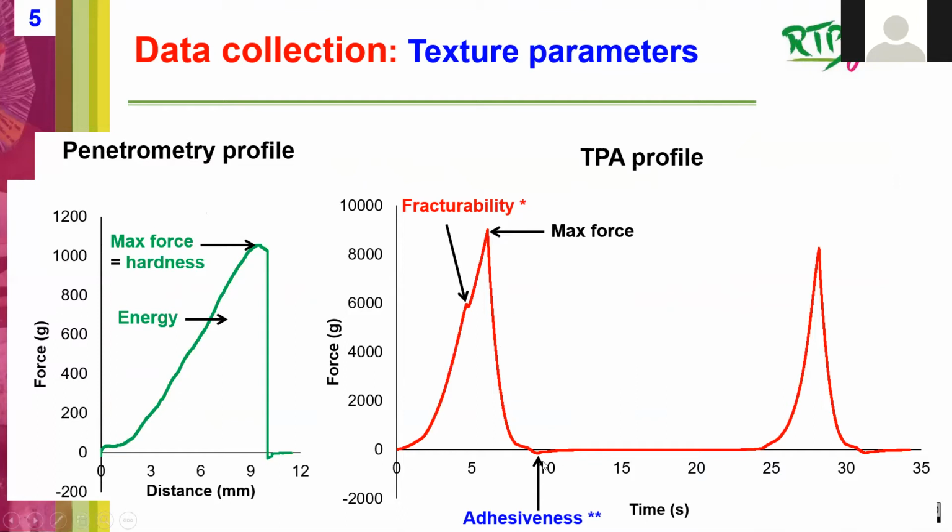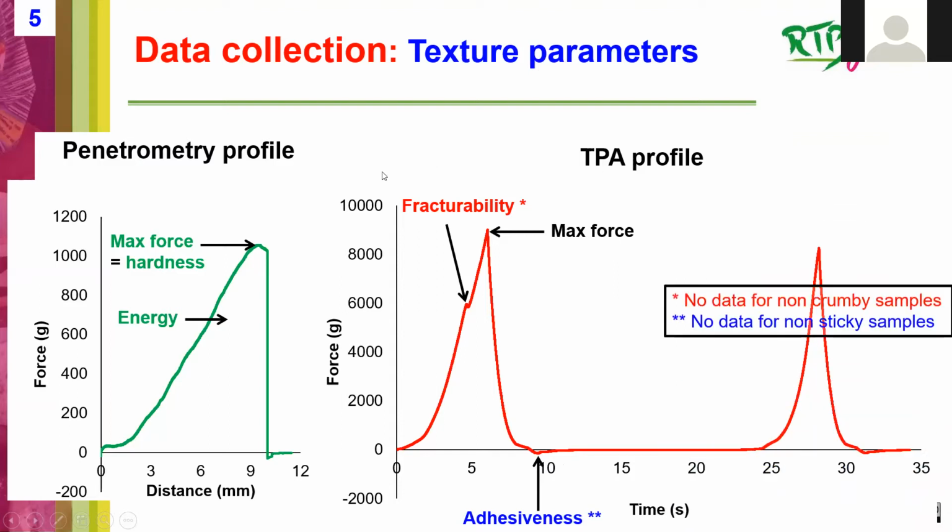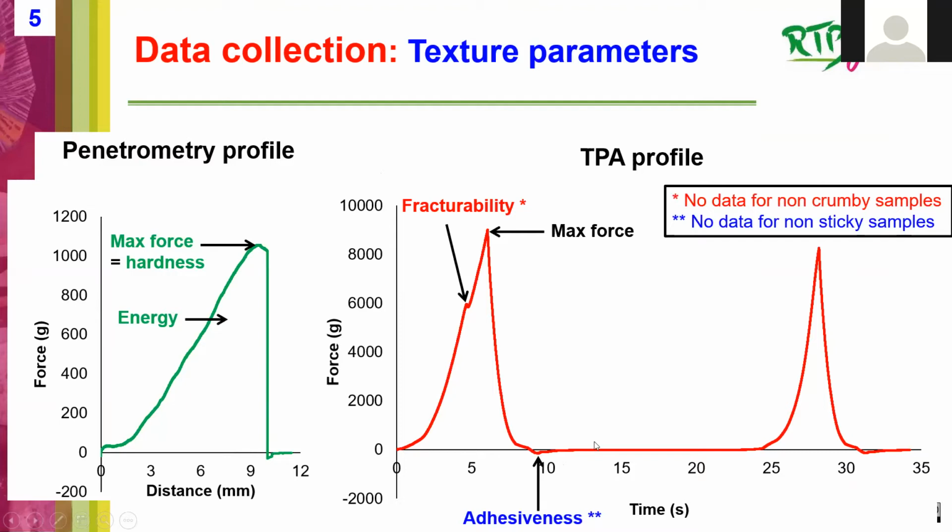We also measure the adhesiveness, which corresponds to the negative area under the curve after the first compression. For the fracturability, no data was recorded for the non-crumbly samples, while for the adhesiveness, no data were recorded for non-sticky samples.